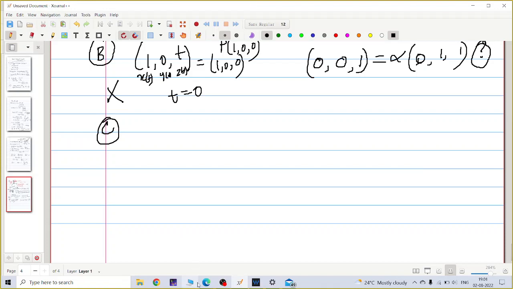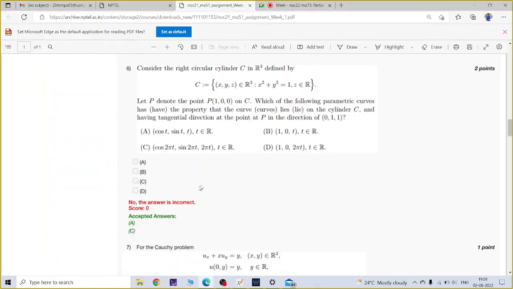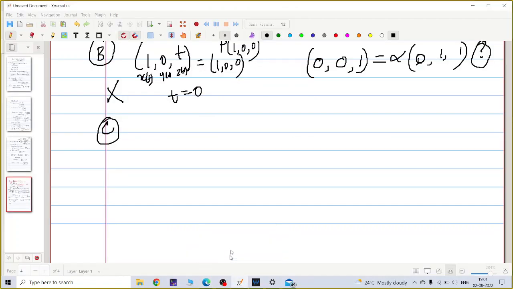Option C is what? Let me check again. Option C is cos 2 pi t, sin 2 pi t, 2 pi t. Right?